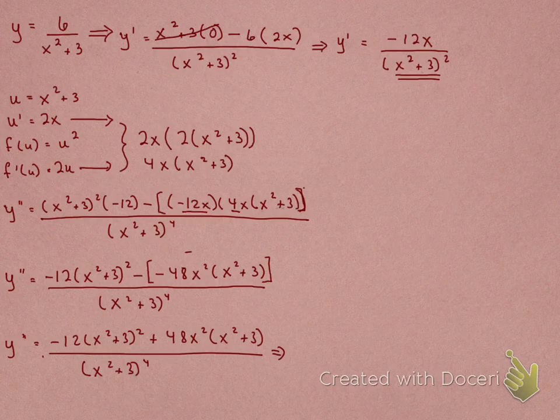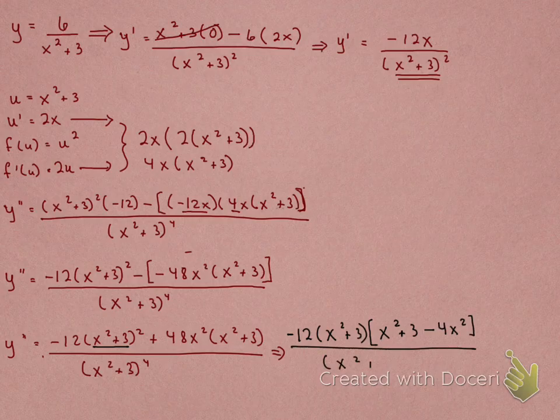We're going to pull out a negative 12 along with one of the x squared plus 3s. And when we do that, we're leaving one of those x squared plus 3s. And when we take a negative 12 out of a positive 48, we end up with a minus 4x squared.